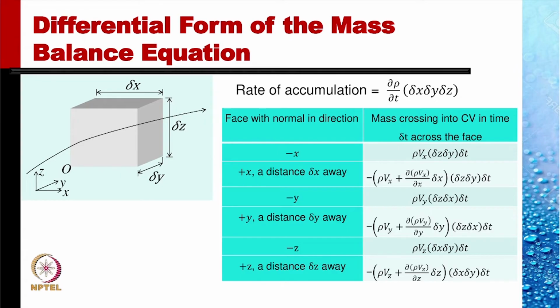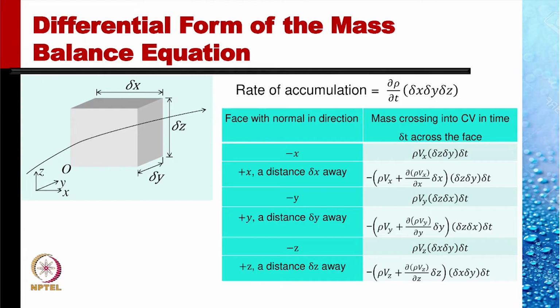If the velocity is positive, then the mass is moving out of this surface, so this is an efflux. That's why we put a minus sign. And we use the Taylor's expansion to get this expression for the net efflux across this surface in time delta t.